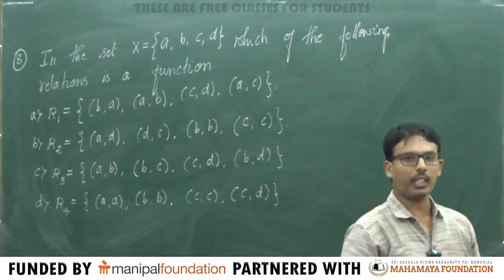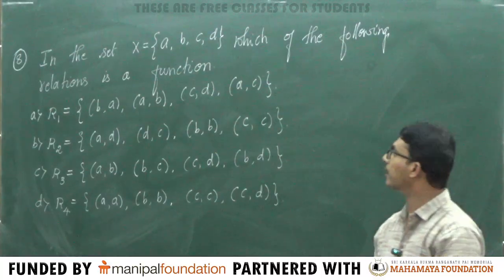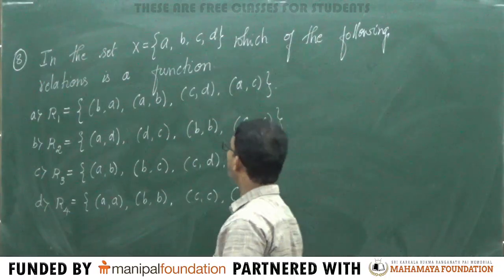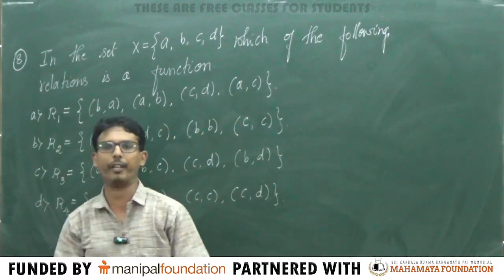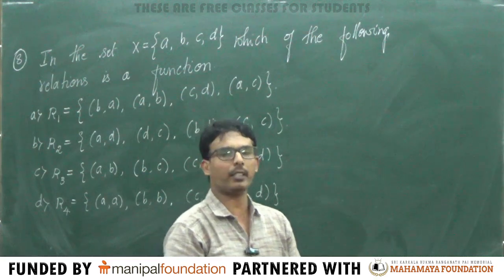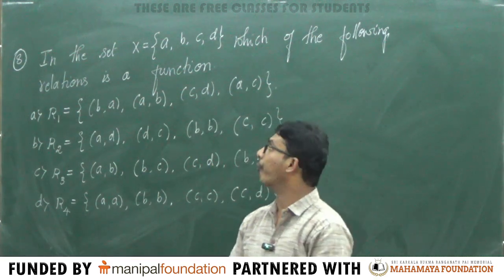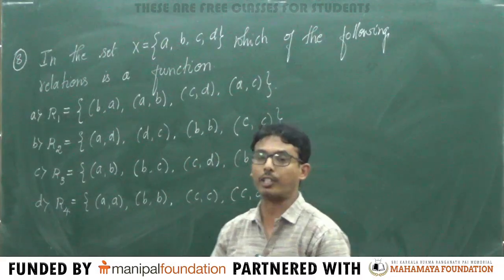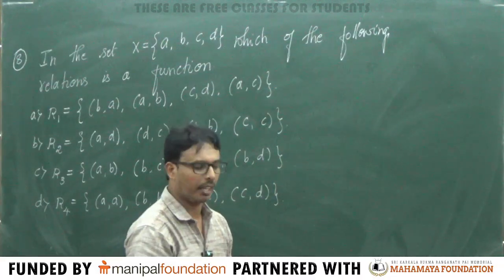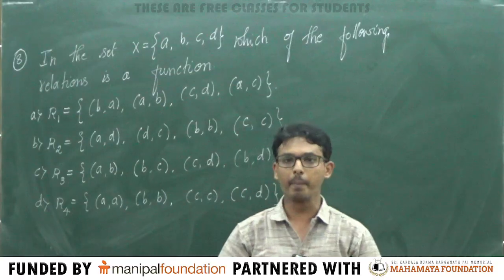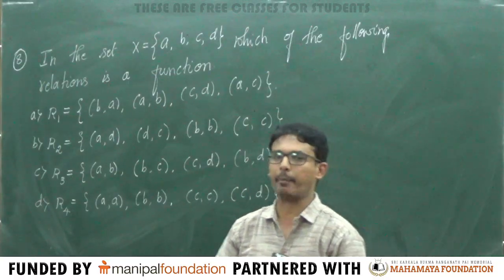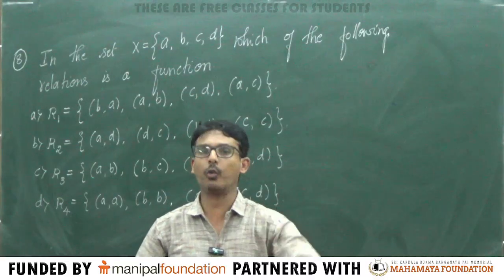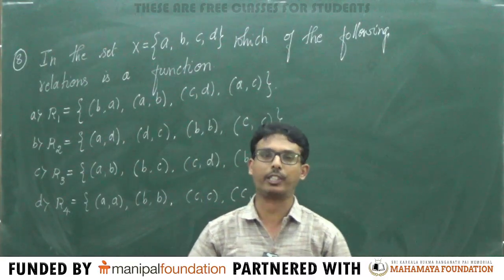So in this question, they define a set. The set is X is equal to {A, B, C, D}, and they are defining four relations. Among the four relations, we have to find which relation is a function on the set X. As we know, a function is a special type of relation in which no two ordered pairs have the same first element.